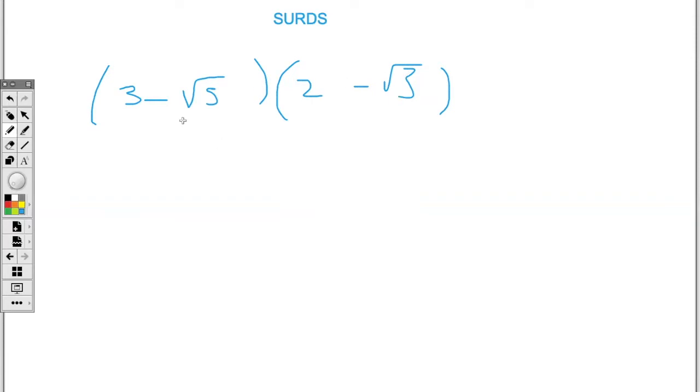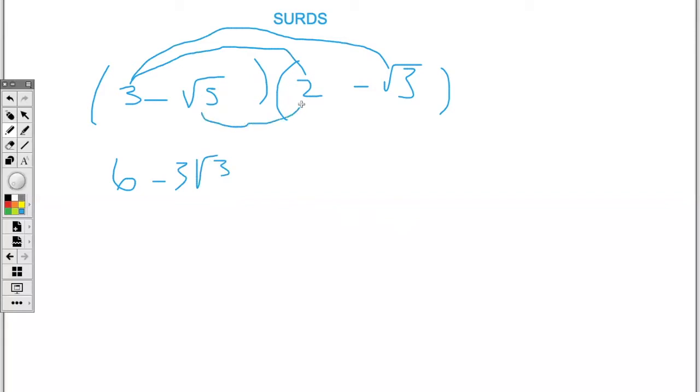but not all the time that's possible. So if you have something like this, we multiply 3 times 2, I'll get 6. Then 3 times negative root 3, that is minus 3 root 3. Then minus root 5 times 2, that's minus 2 root 5.